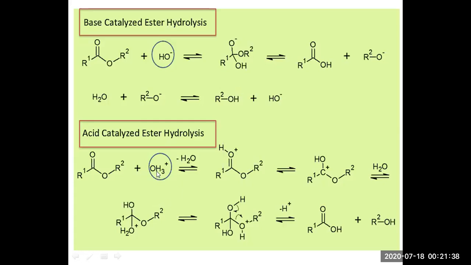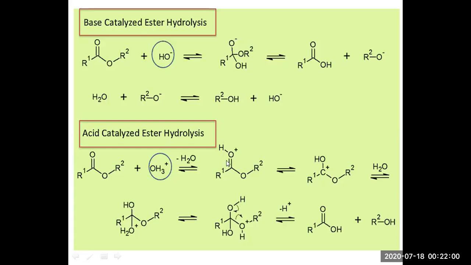Similarly, this ester hydrolysis can take place by acid catalysis. Now the acid is either H⁺ or H3O⁺. This is proton rich, so it gives a proton to the carbonyl group and protonates the oxygen atom of the carbonyl to form this oxonium ion.